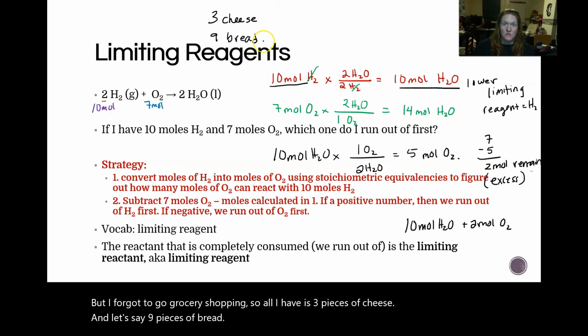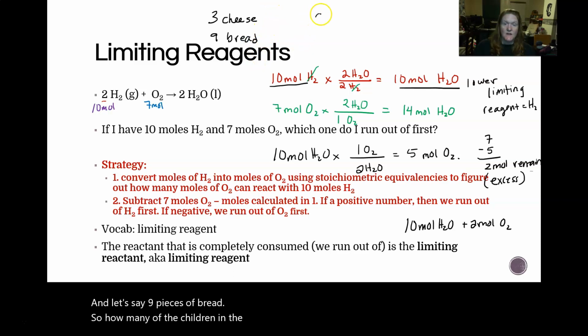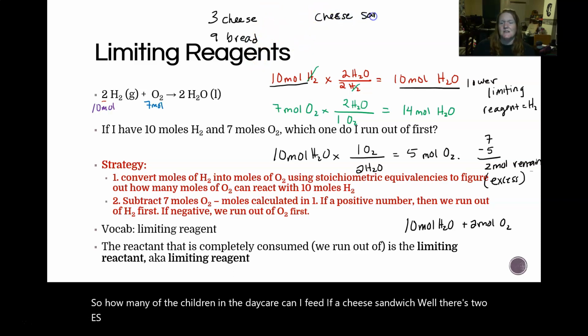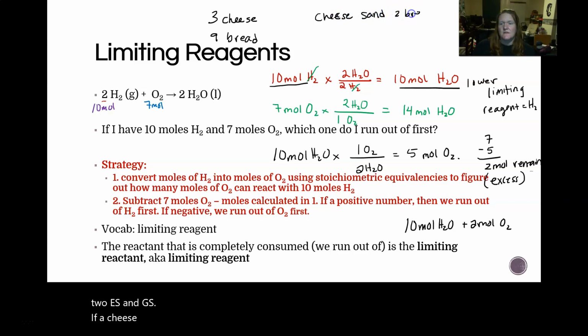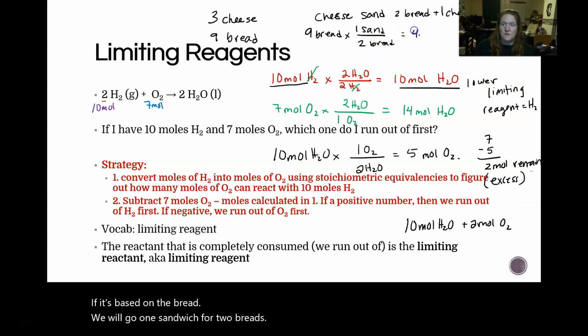So how many of the children in the daycare can I feed if a cheese sandwich, well, there's 2 E's in cheese, if a cheese sandwich is 2 bread and 1 cheese, right? Well, if it's based on the bread, we would go 1 sandwich for 2 breads. We can make 4.5 sandwiches.